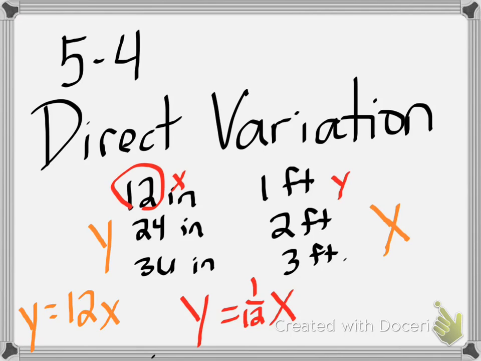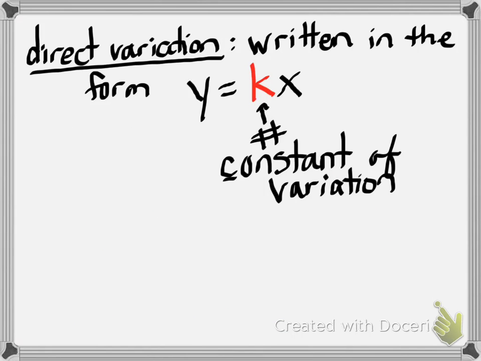The constant would be 1/12 in the first, and in the second, the constant k would be 12. It just depends which one you put as x and which one you put as y. Either way, it's a direct variation, and your k is a number.